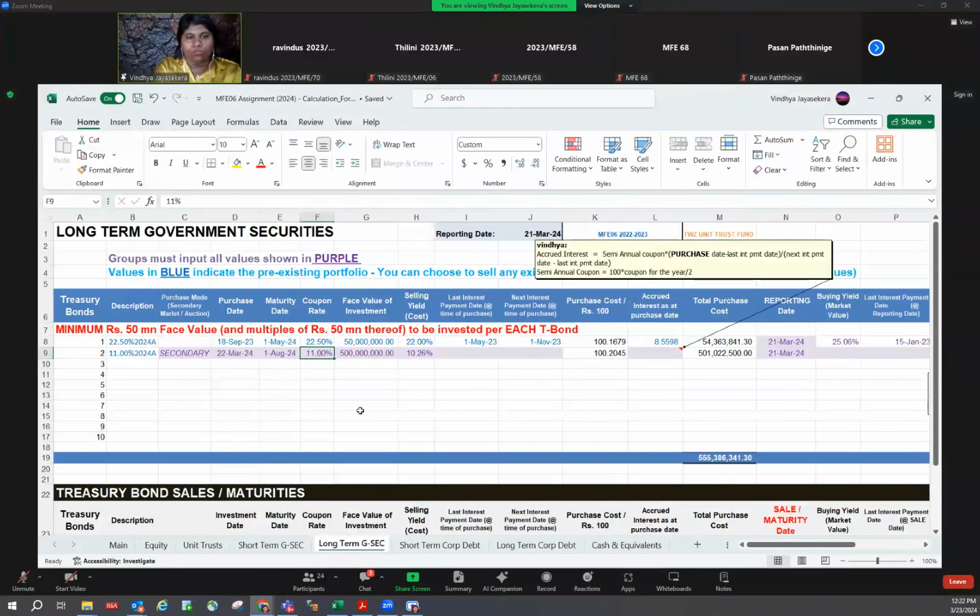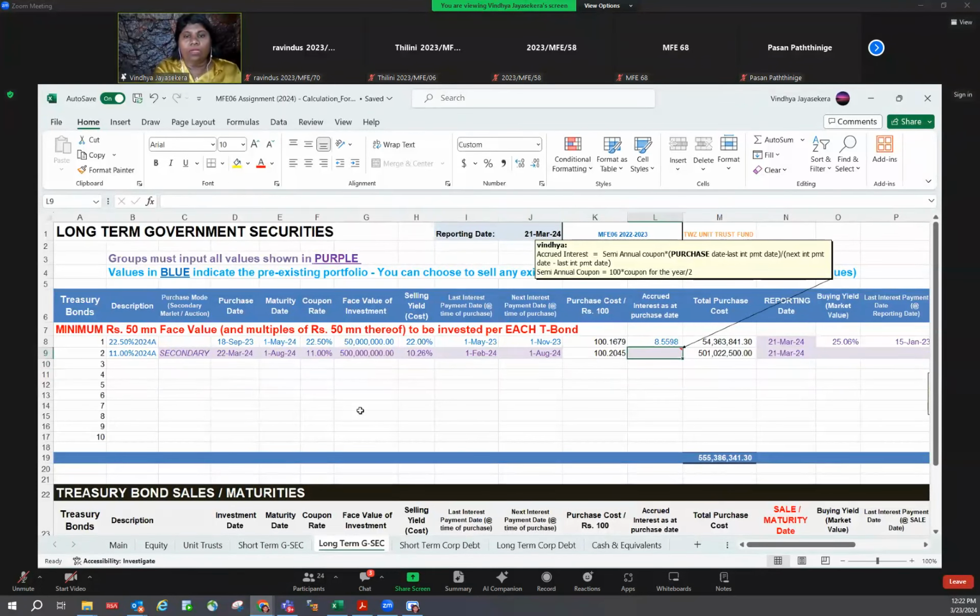So if this bond matures 1st of August 24, what is the next coupon date? 1st of August 24. What is the last coupon? Same date, 6 months later. So if this is maturing 1st of August 24, then last coupon was paid on 1st of February 24. Right. So I enter that.